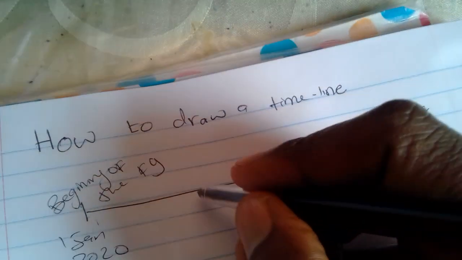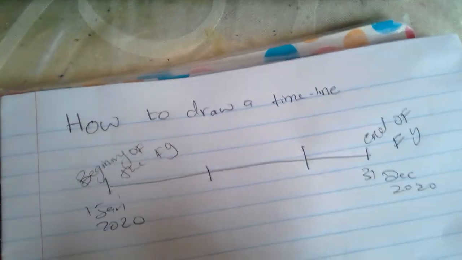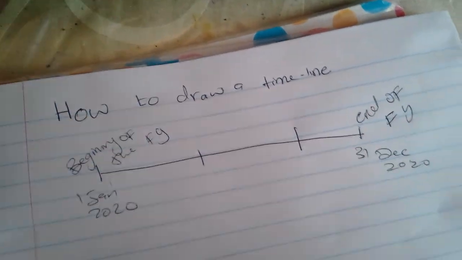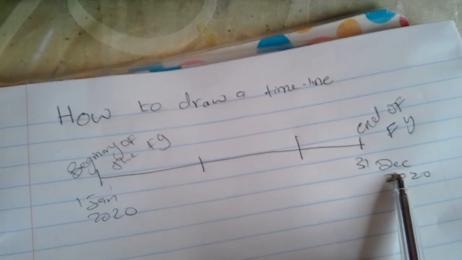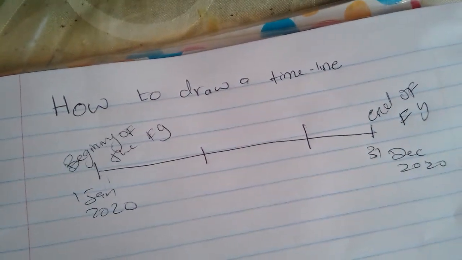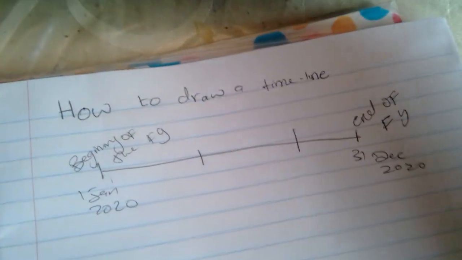It means every transaction which occurs within this period, you have to recognize or record. After identifying the beginning and the end of the financial year, you must again record the other dates which you have identified in the transaction.